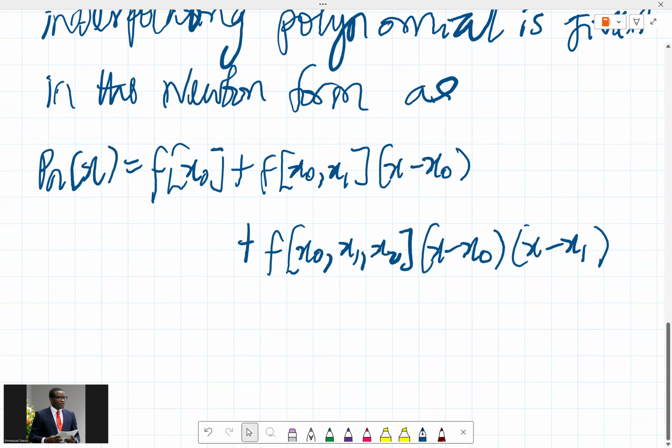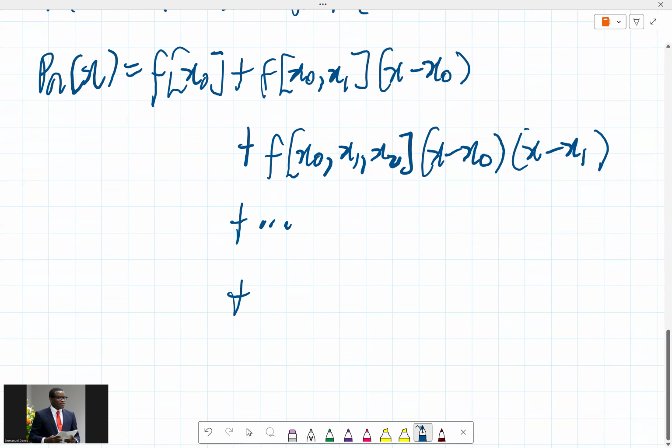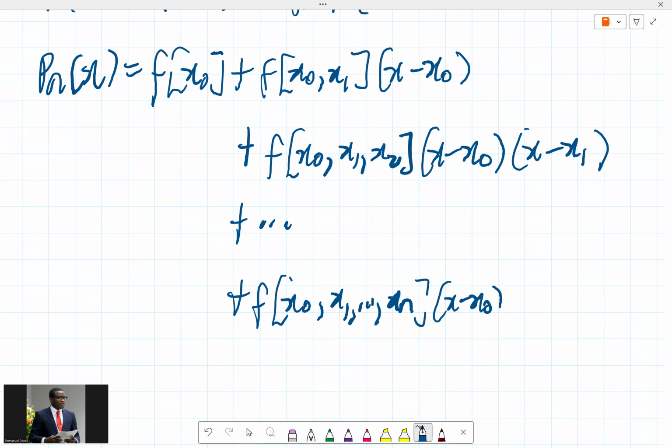That's the next level, and that can go on, plus everything until we get to f of x naught, x1 up to xn, multiplied by x minus x naught, x minus x1, up to x minus xn minus 1.